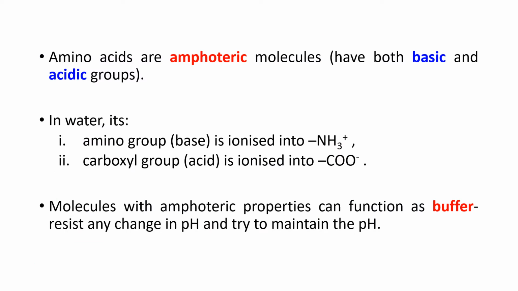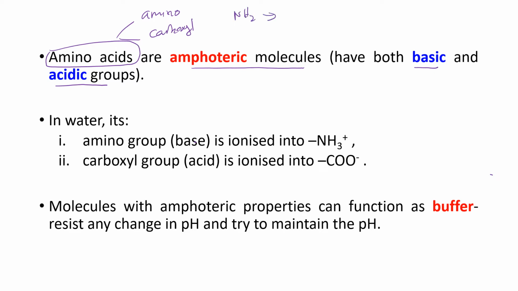Alright, so amino acids are amphoteric molecules. Amphoteric molecules are molecules that have both basic and acidic groups. As in the case of amino acids, they have both amino and carboxyl groups. When an amino acid is ionized, the amino group, which is NH2, will become NH3 plus.